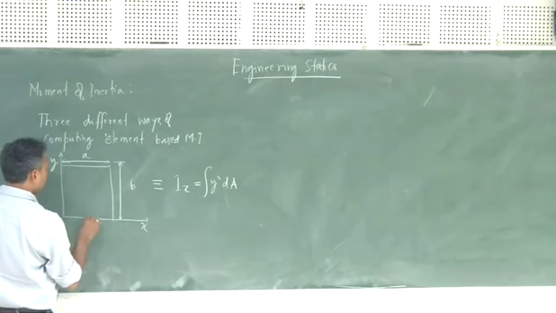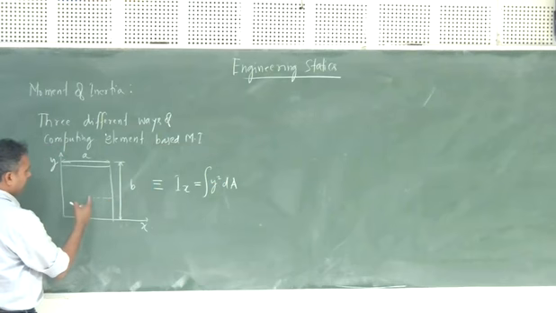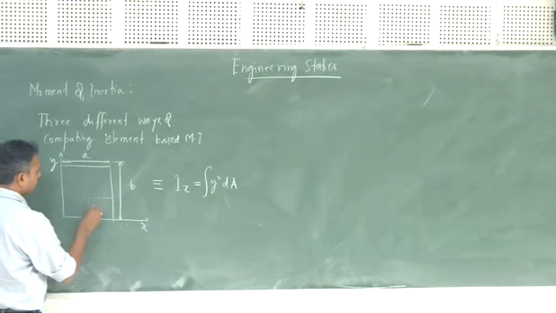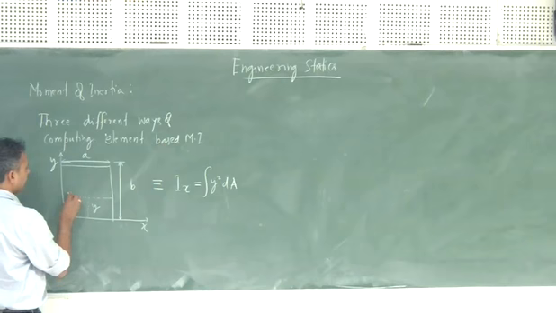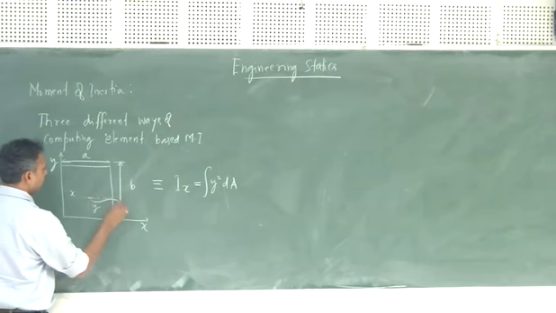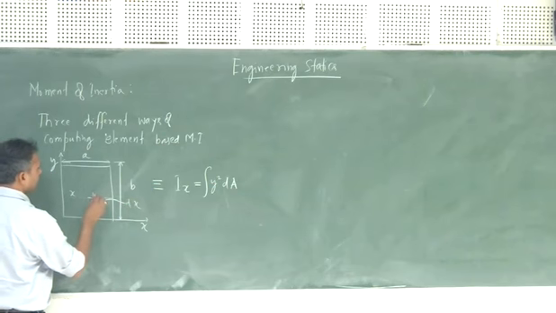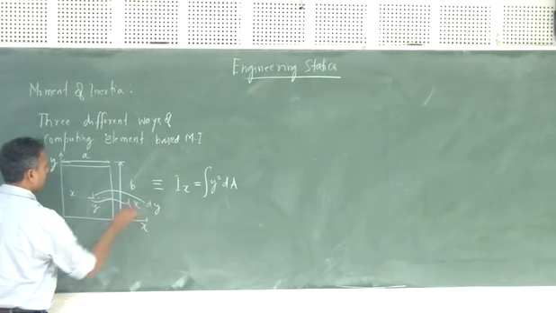In that case, you can take an element which is located at distance y, at distance x, with a small increment dx here and a small increment dy here.